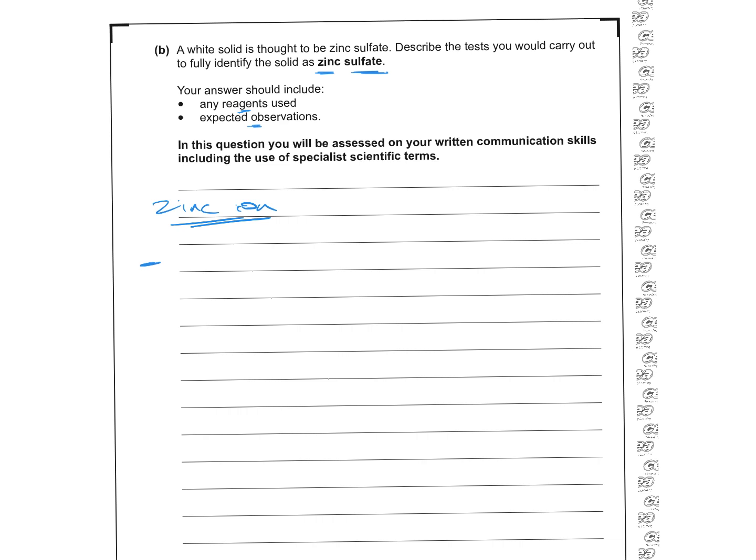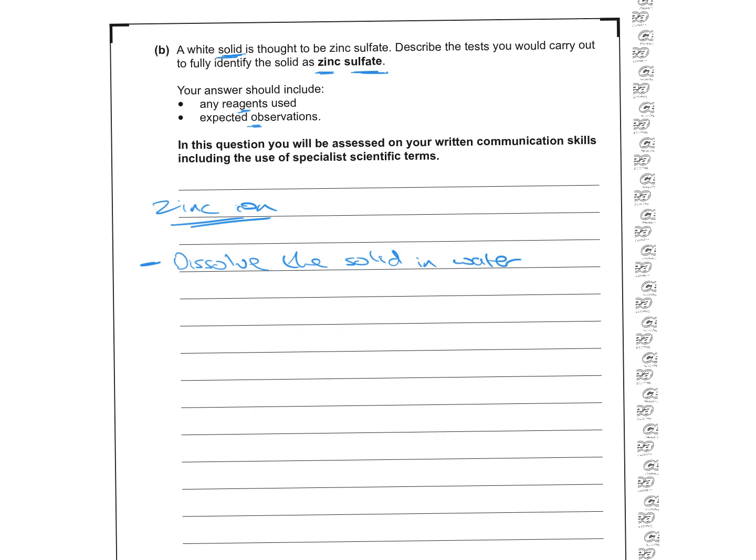Now, the first thing you've got to notice here is that it's a solid. And to carry out these tests, we'll have to make up a solution. So that's the first thing we're going to do, make a solution of the compound. Now, if you think back to doing this test, there are two solutions which are added to identify certain metal ions. There's sodium hydroxide solution and ammonia solution.